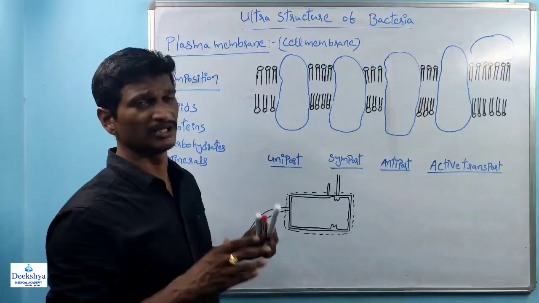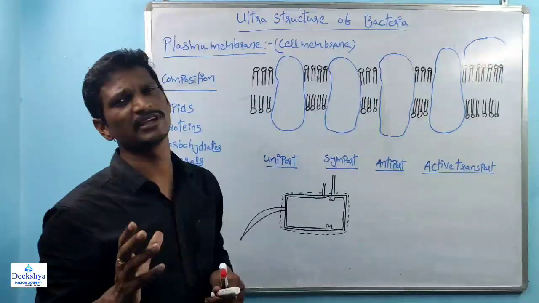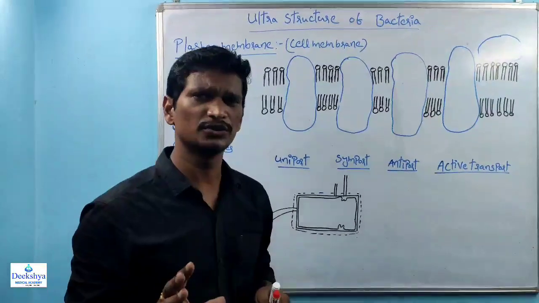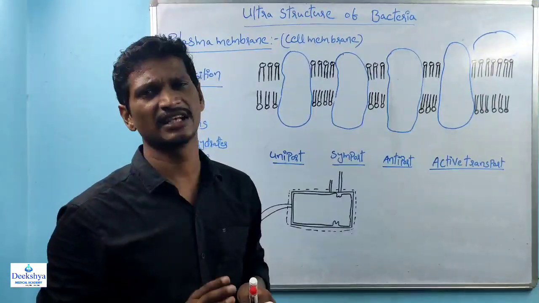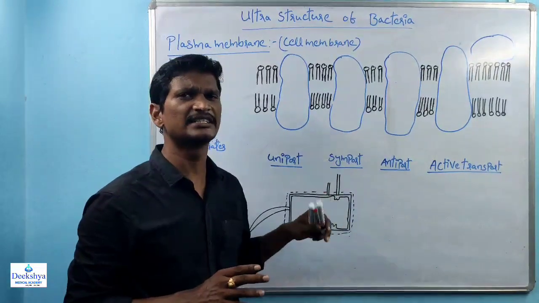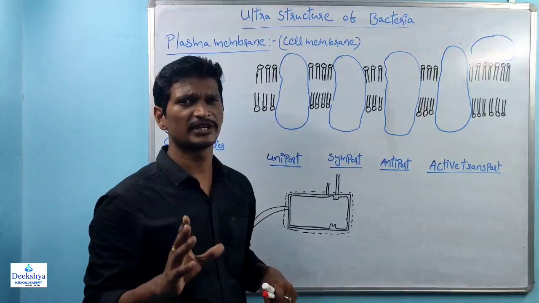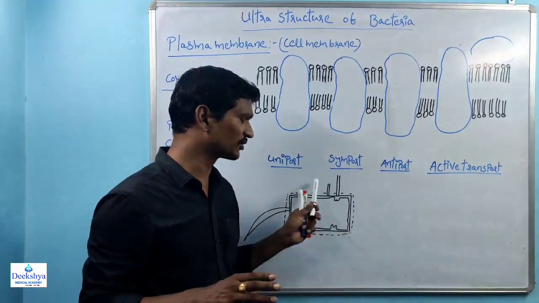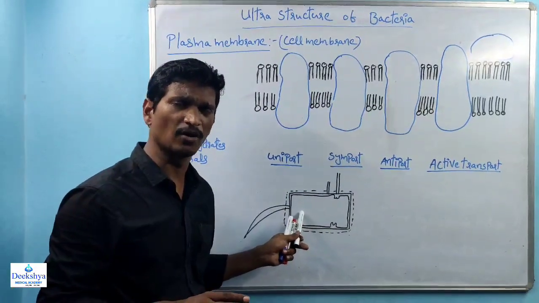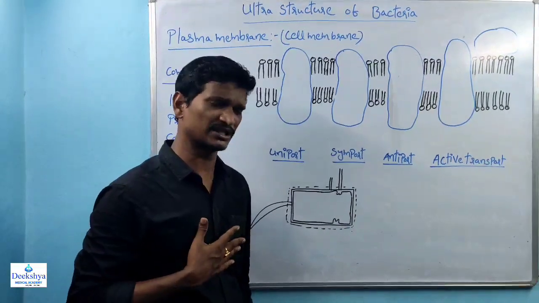Semi-permeability indicates that whatever molecules are required by the bacterial cell are transported from outside the cell to inside the cell. Whatever unwanted compounds are formed by metabolism, or suppose in our body, within our cells, there are waste products formed.